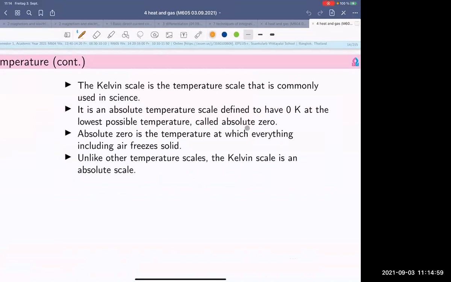Absolute 0 is the temperature at which everything, including air, freezes solid. If someday our body could sustain that environment of minus 273.15 degrees Celsius, you would see that the air gets to the solid phase.